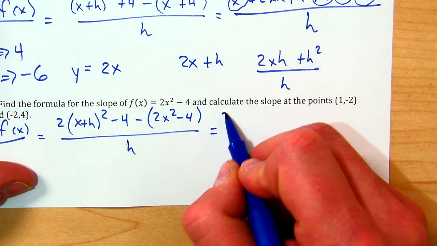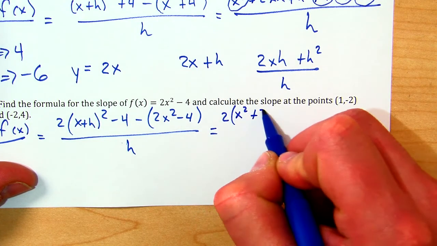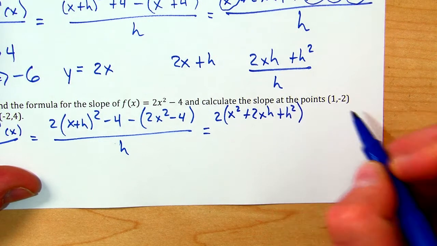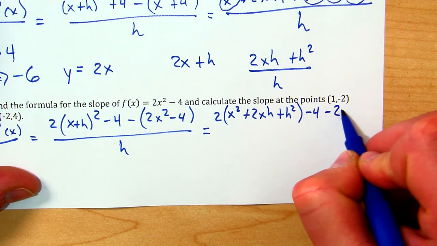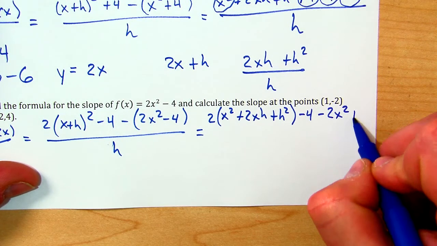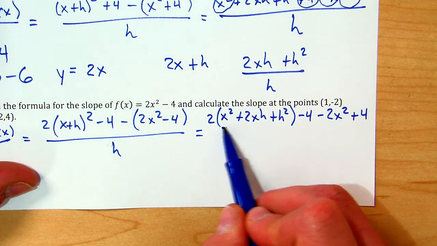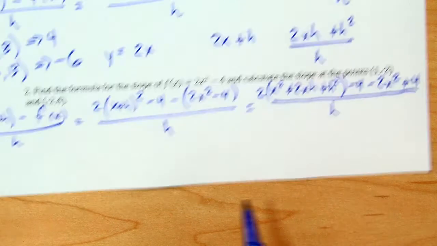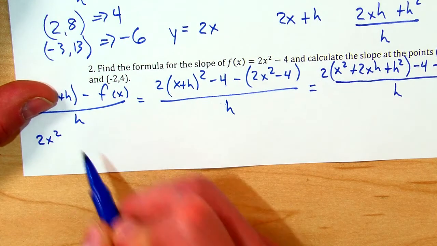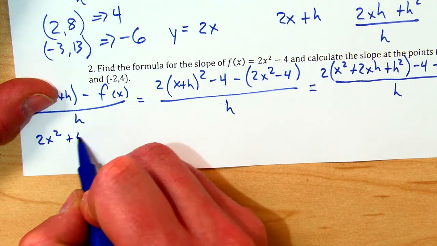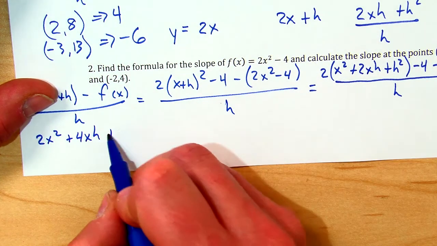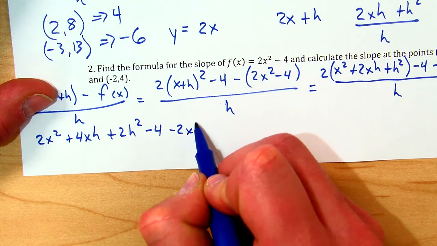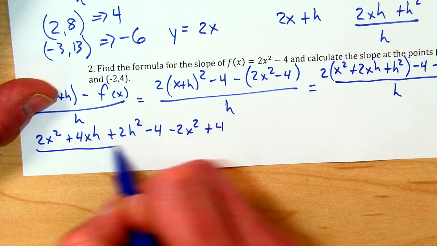Here I have x squared plus 2xh plus h squared, minus 4, minus 2x squared plus 4, all over h. Now I'm going to distribute this 2 into everything and get 2x squared plus 4xh plus 2h squared minus 4 minus 2x squared plus 4, all over h.